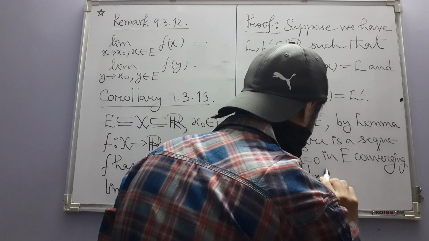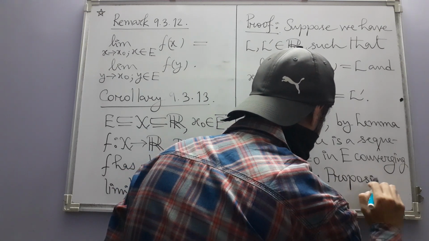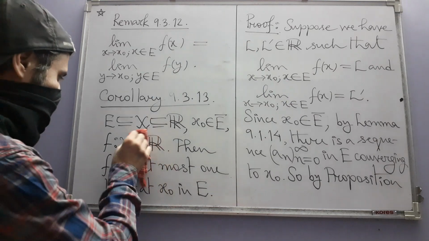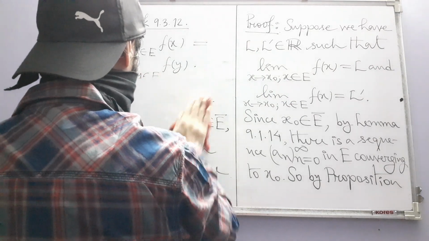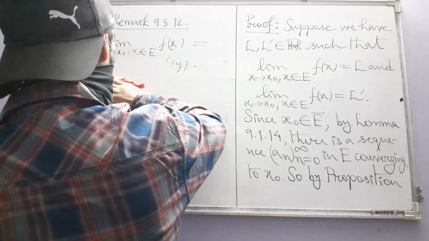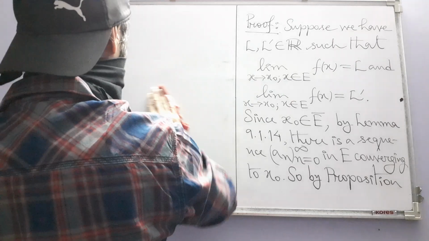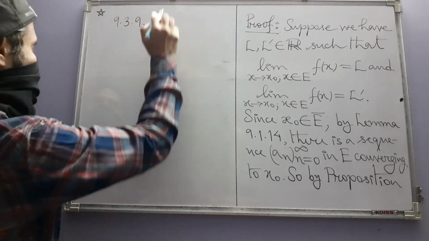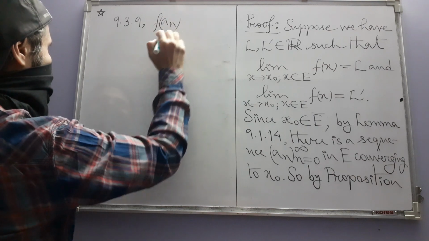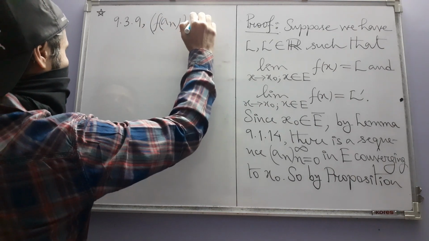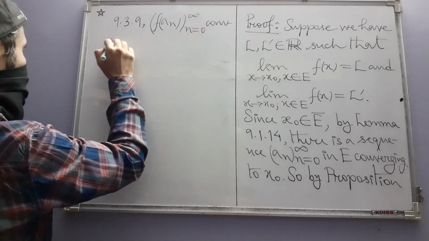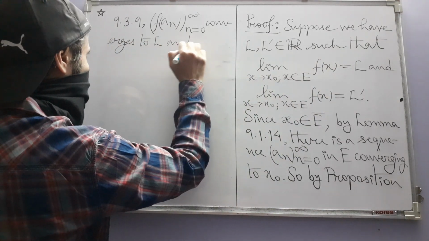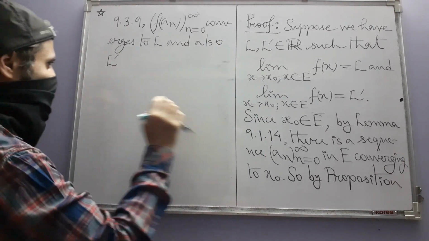So by proposition 9.3.9, it's difficult to remember these numbers, f of a_n converges to L because of this limit and also to L prime because of this limit.